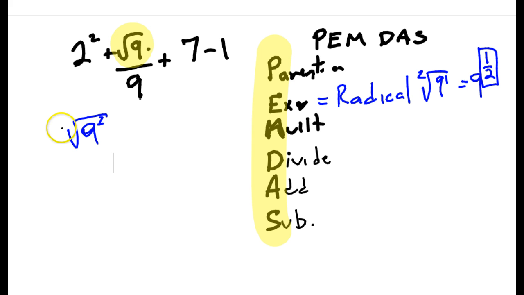So what if this was 9 to the 3rd power? Square root of 9 to the 3rd power. That's 9 to the 3/2. So you can tell that the index is always the denominator.